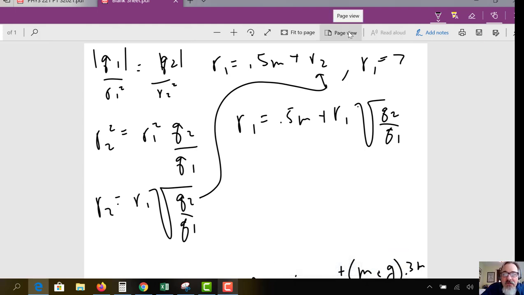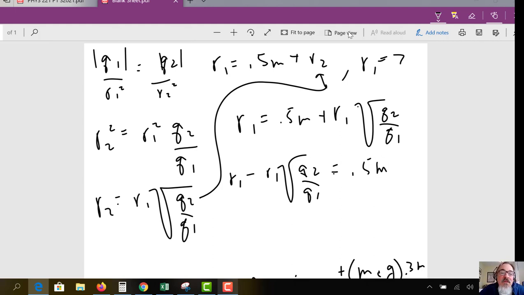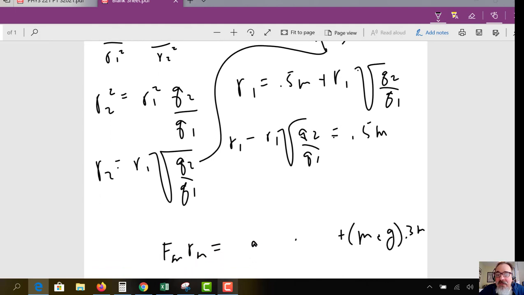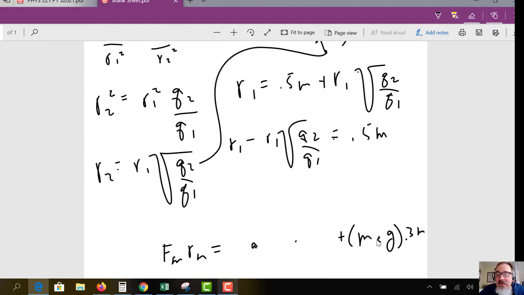Okay, so I've got to get all the R1 terms on one side, so I would have R1 minus R1 square root of Q2 over Q1, that's equal to 0.5 meters. And again, Q2 and Q1, we know those. We just have to figure out what those are.